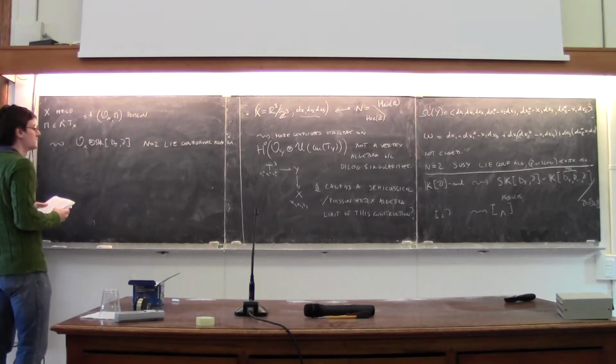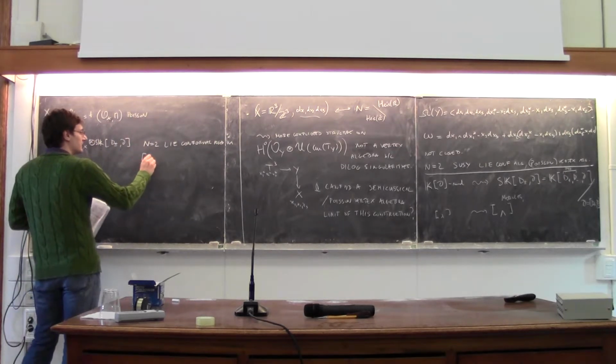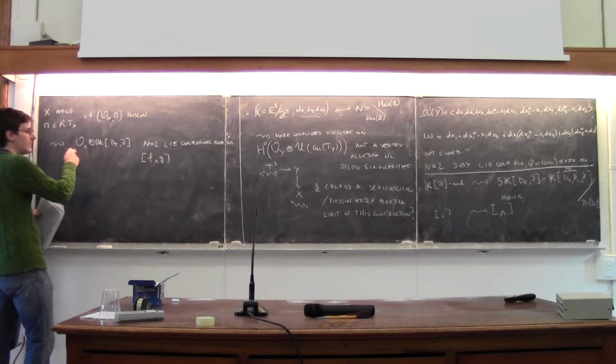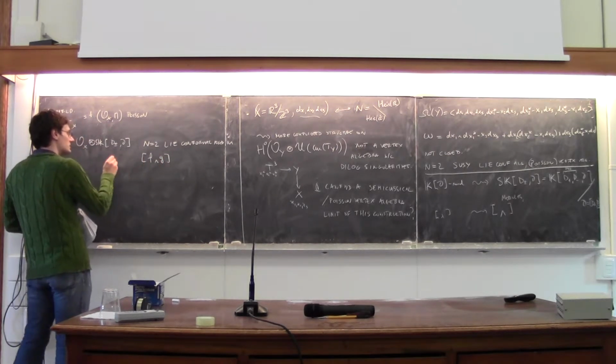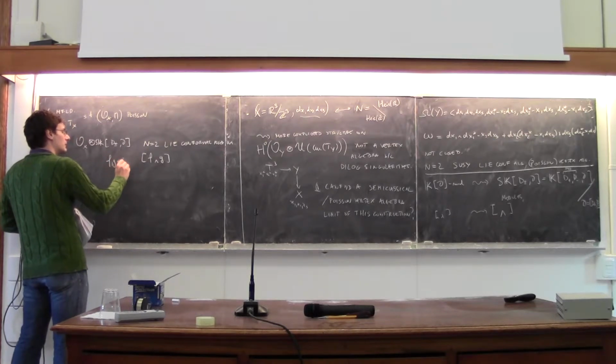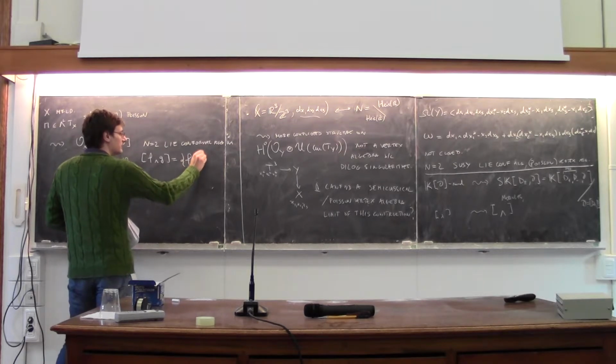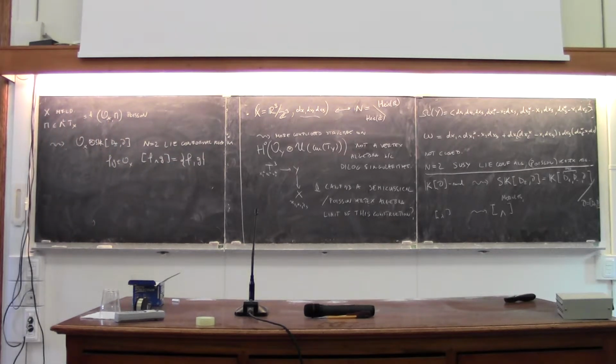By imposing the relation that when I take the bracket of two functions, then this should be the Poisson bracket of f and g.